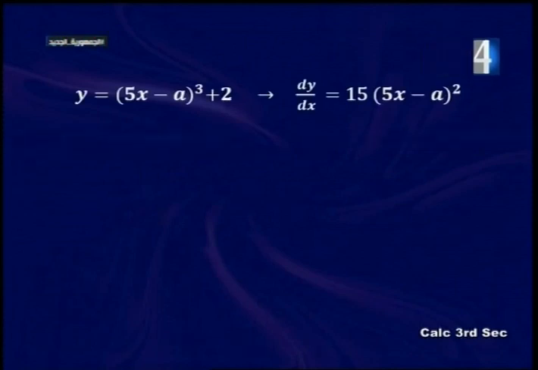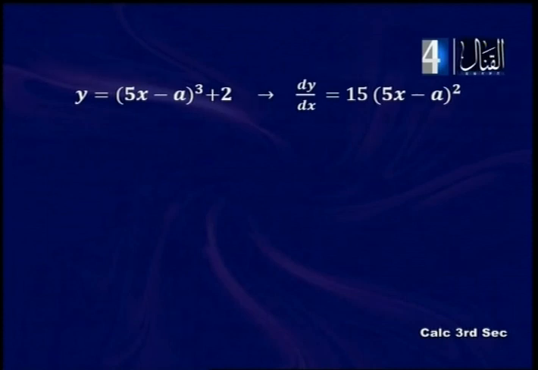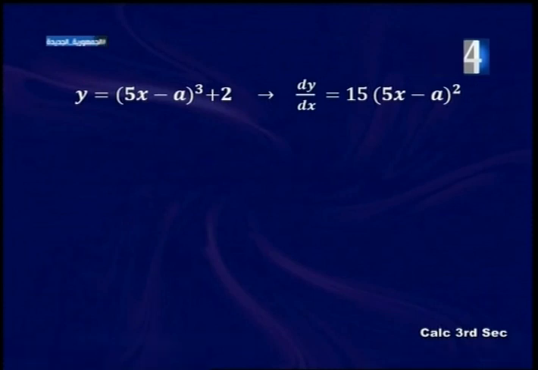The first derivative dy dx equals 3 multiplied by the bracket 5x minus a to the power 2, multiplied by 5. 5 is the derivative of the function inside the bracket. Then dy dx equals 15 multiplied by the bracket 5x minus a to the power 2.